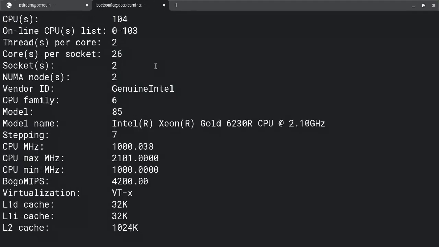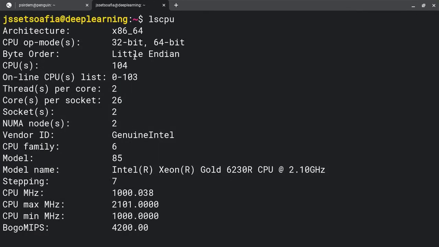we see that the number of cores available is 104. So there are 104 cores available on this cluster, from 0 to 103. And then the number of threads per core: each core has been multi-threaded, with 2 threads per core.